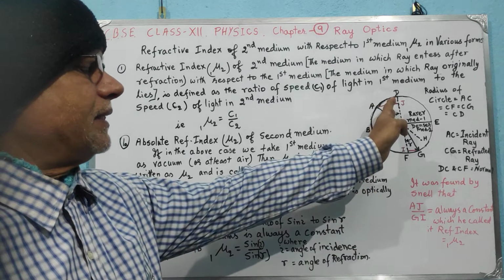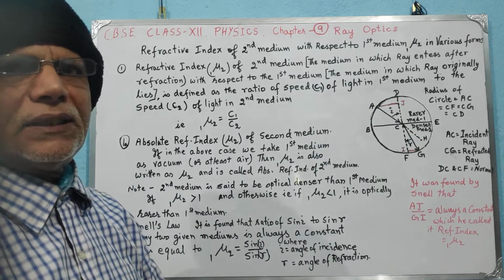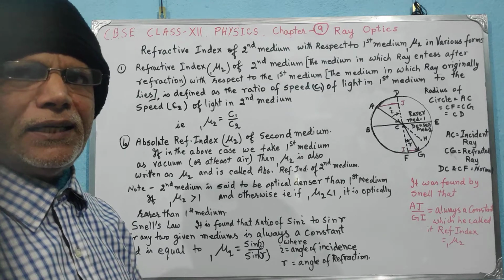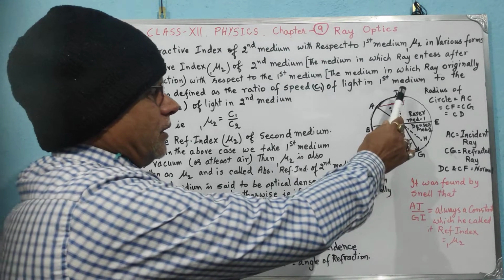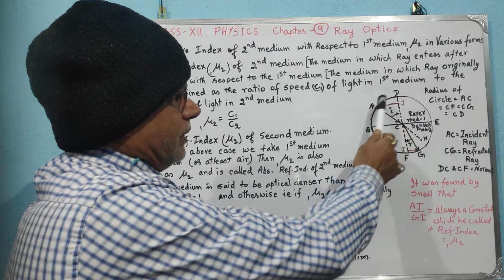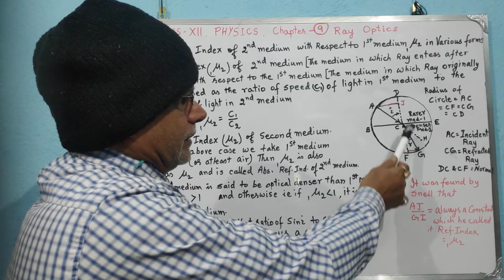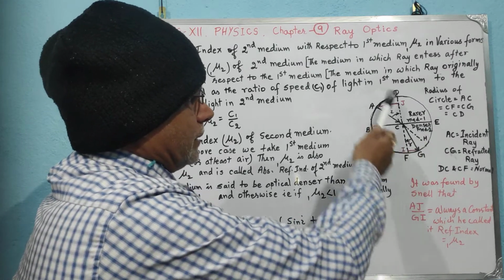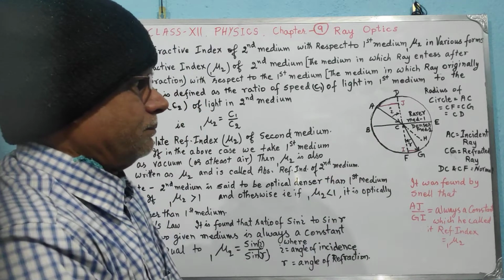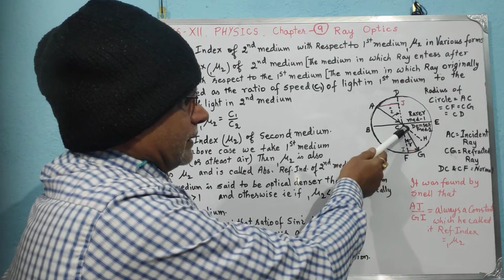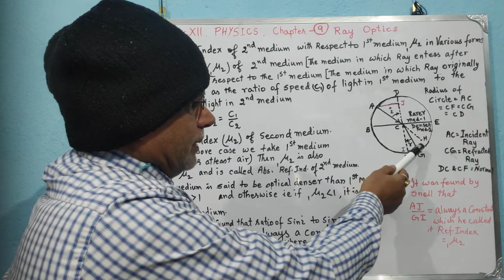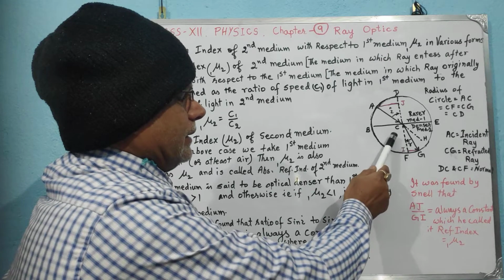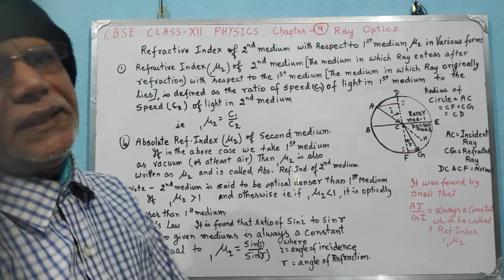Whenever a light ray is incident from first medium on the second medium, and on entering the second medium the light ray bends towards the normal, as in the diagram we have drawn, where a light ray AC is incident on the plane BC separating rarer medium and denser medium, and after refraction the refracted light bends towards the normal CF, then the second medium is called optically denser medium.